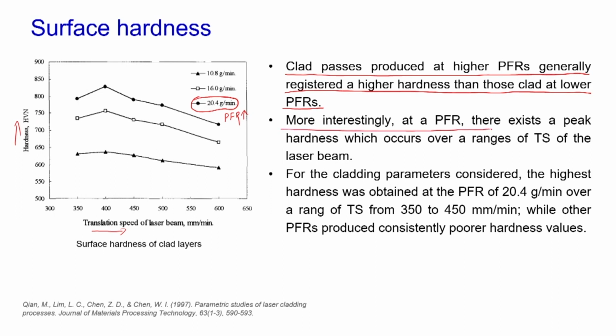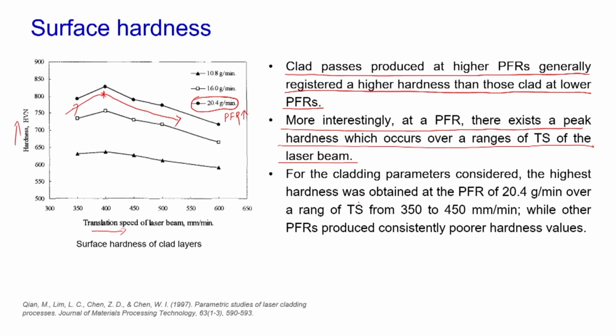Interestingly, at a given PFR there exists a peak in the hardness which occurs over a range of the TS of the laser beam. If you notice over here, a peak occurs in the hardness and then it reduces. The hardness increases, attains its peak and then comes down.